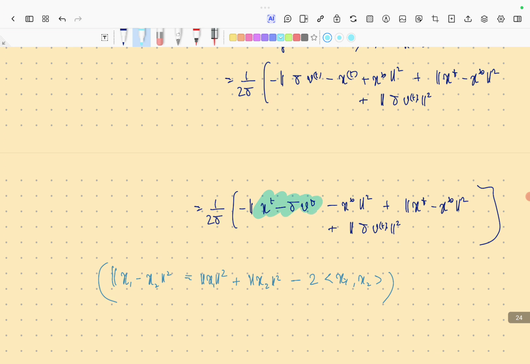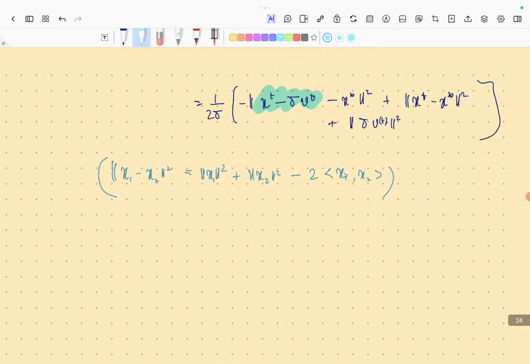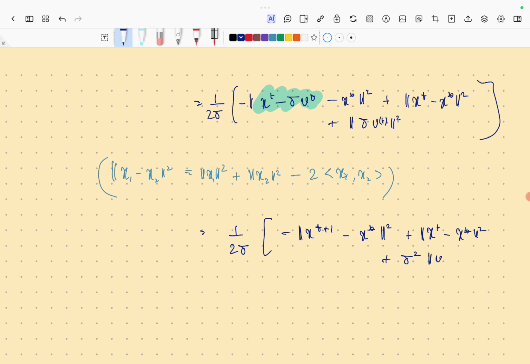What is this? That is xt plus 1. So this is equal to 1 by 2 delta times minus norm xt plus 1 minus x star squared plus norm xt minus x star squared plus delta squared times norm vt squared.